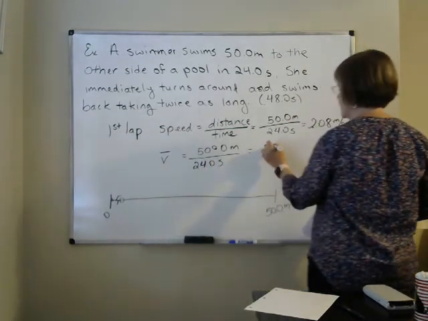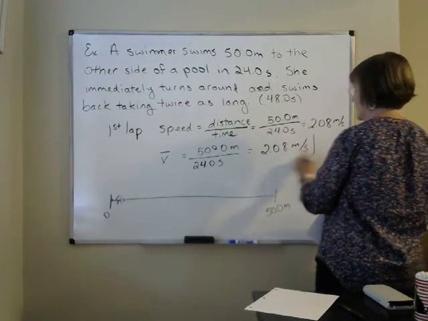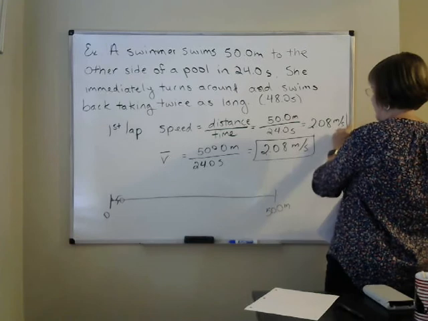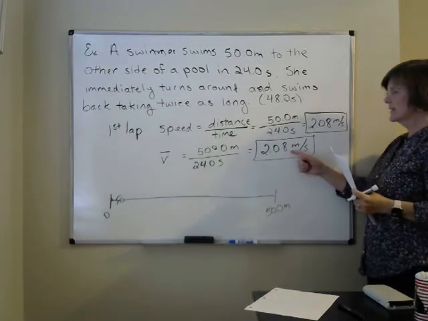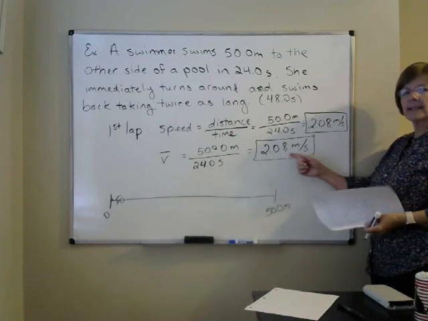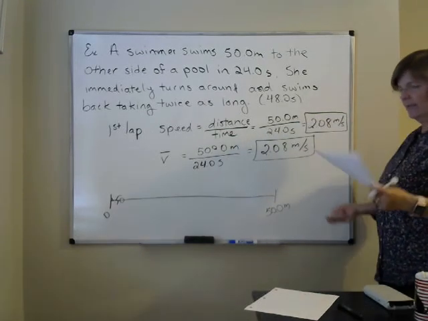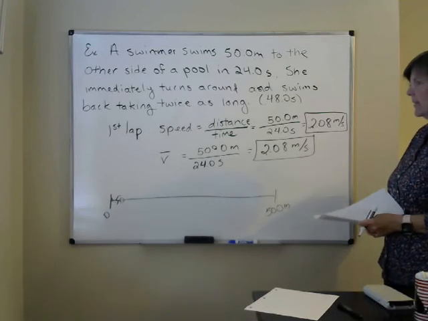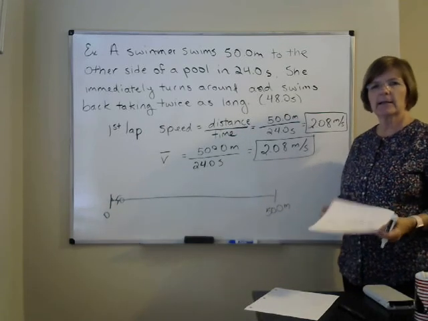And that comes out to be 2.08 meters per second also. The only difference between these two really right now is direction. This is in the positive direction. That might be to the right, it might be whatever we want to say. But the first lap, we don't see any difference at all between speed and velocity.